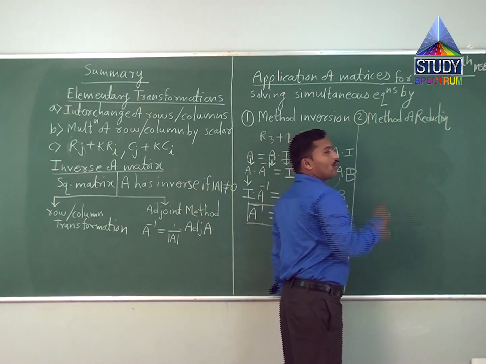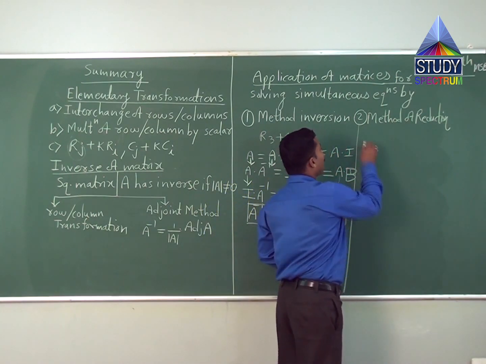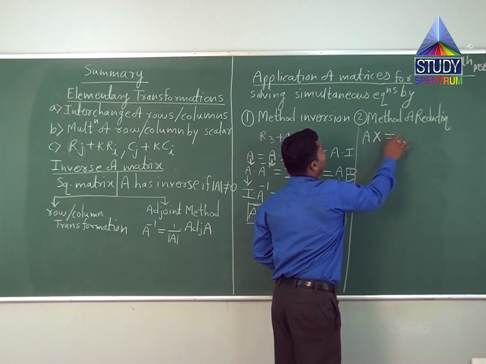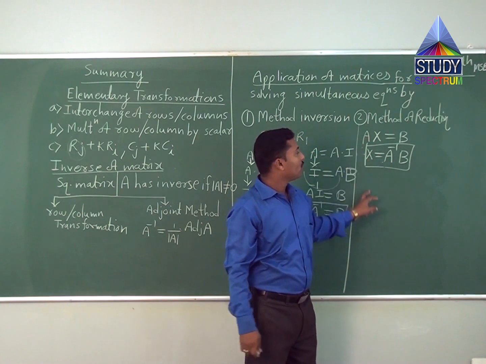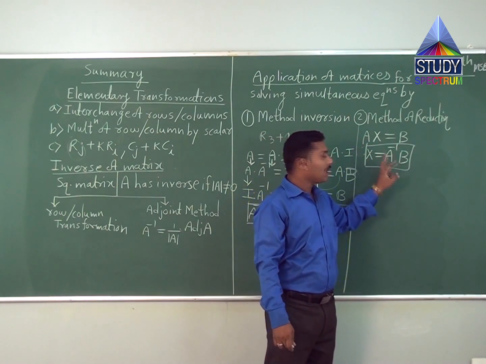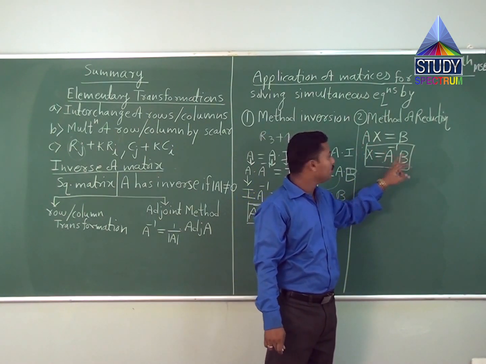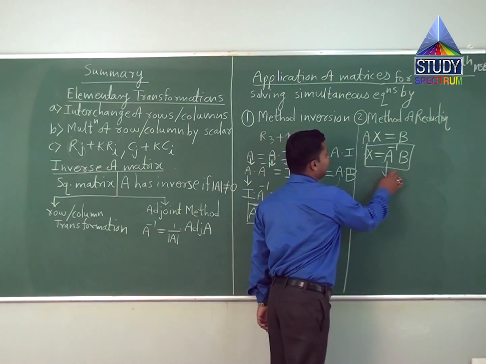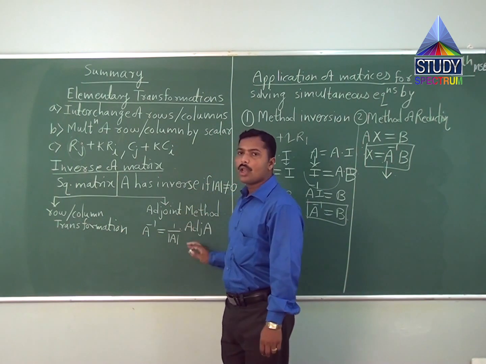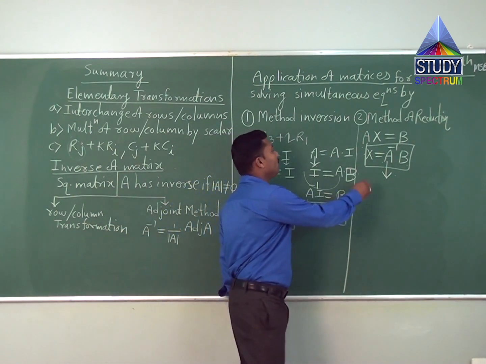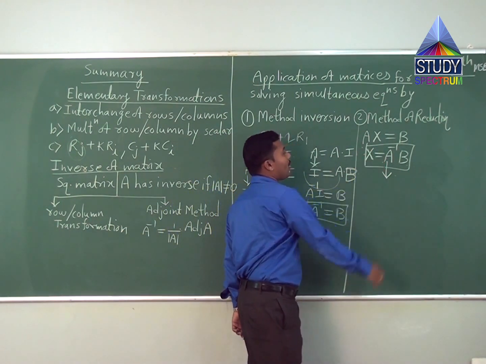Means matrix form of given equations: AX equal to B, and therefore X equal to A inverse B. Capital X equal to, this A goes on right hand side become A inverse. So capital X equal to A inverse B. So by finding this A inverse by any method, row column transformation or adjoint method, we find the solution X.